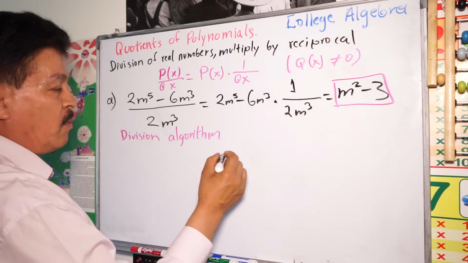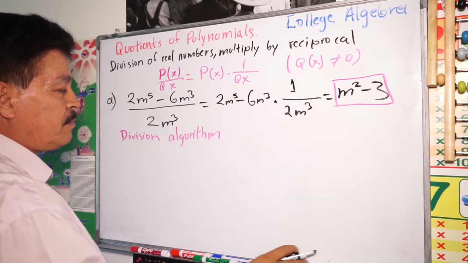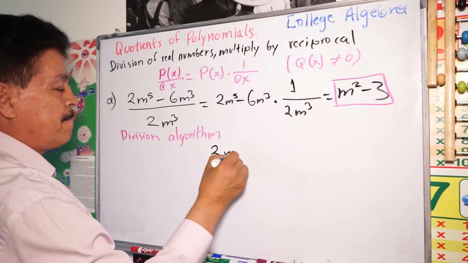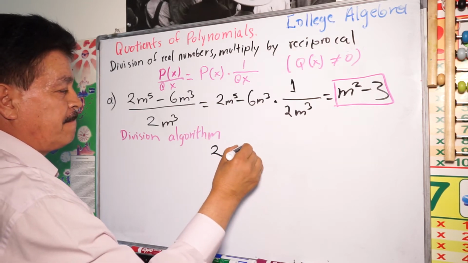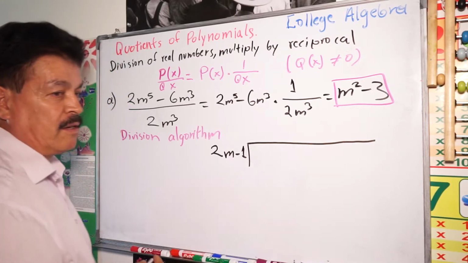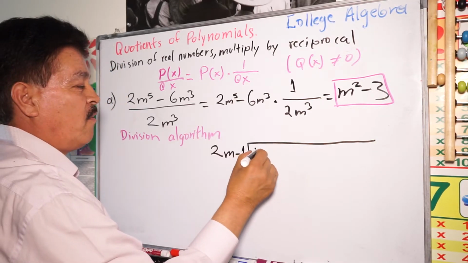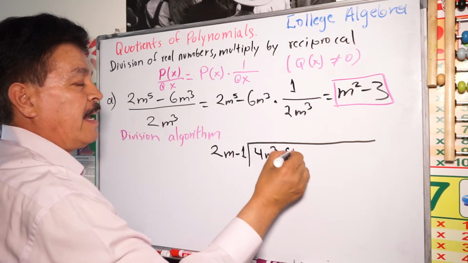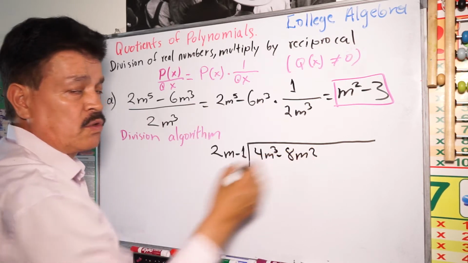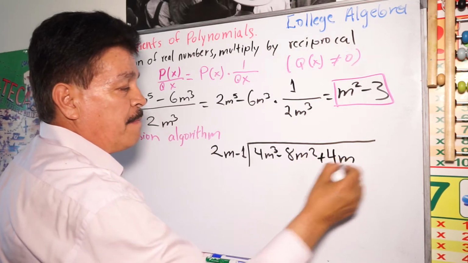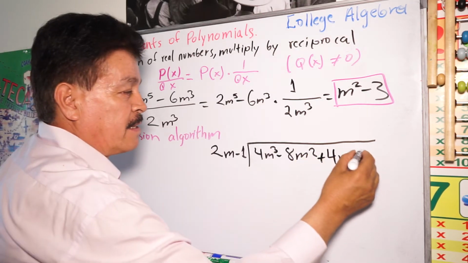Let's write this problem here: 2m minus 1 divides 4m to the third power minus 8m to the second power plus 4m plus 6.